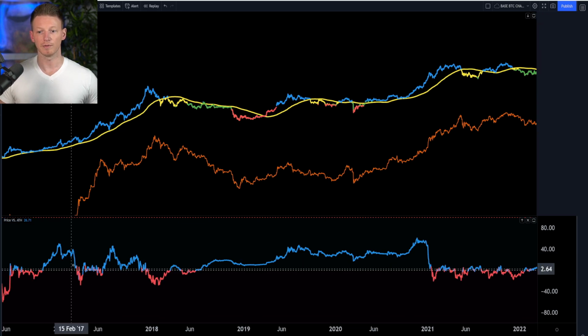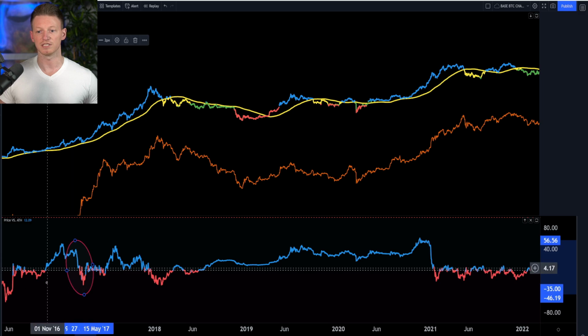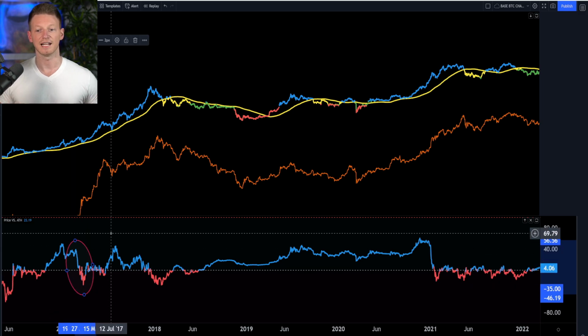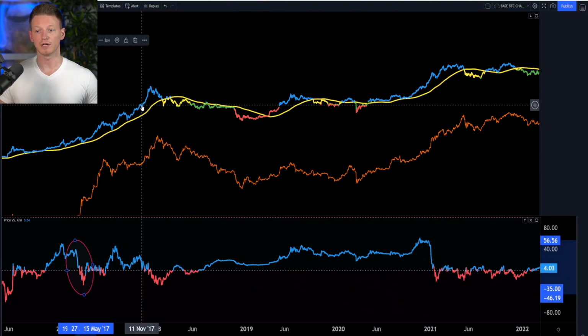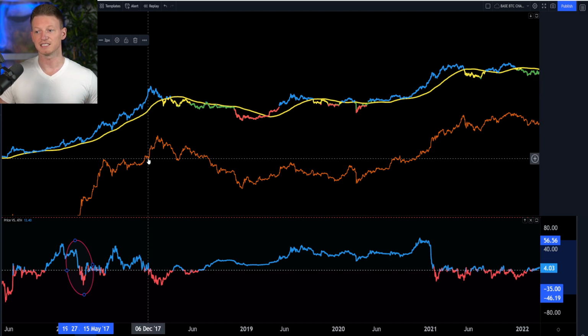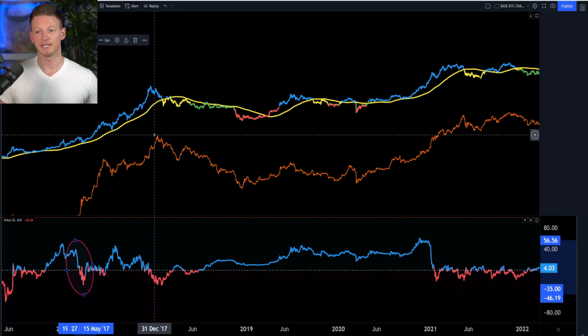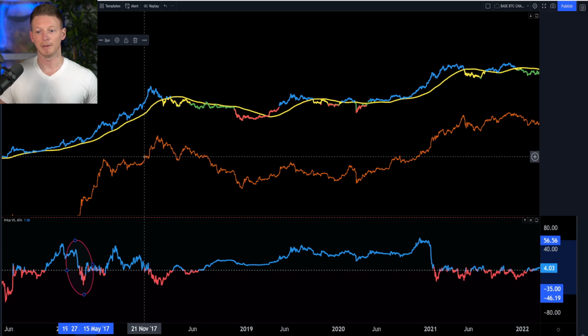The first point we need to make is that right when Bitcoin starts to make its all-time high, some of that money can flow out and flow into the altcoins. So we essentially see both Bitcoin and Ethereum go up. Bitcoin goes up 3x and Ethereum goes up around 3.5x in about a month.